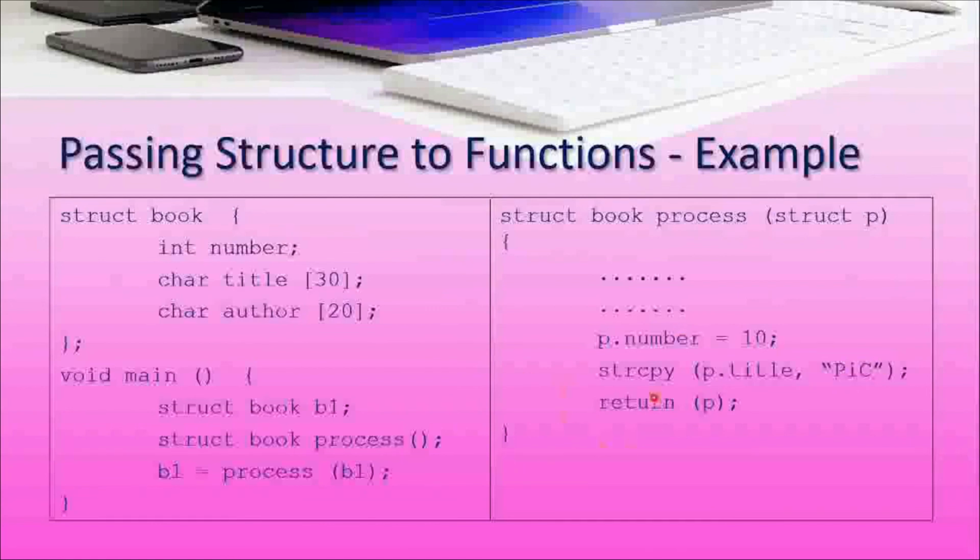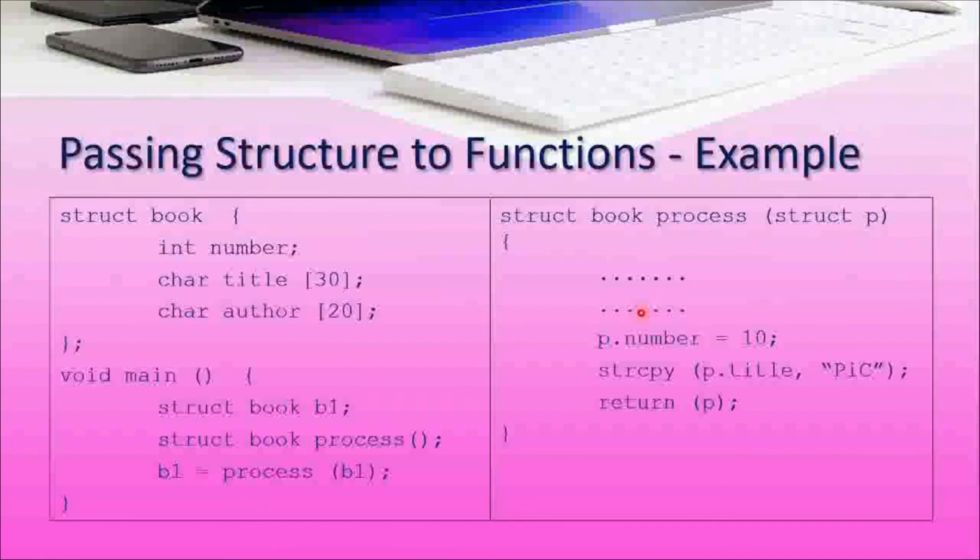Then we are returning that particular p, that particular structure. So that is how a structure can be passed into a function, as well as returned from the function. This is the direct method of passing a structure to functions, by creating a copy of that particular structure for the function to work with.